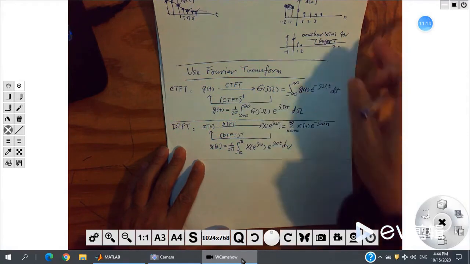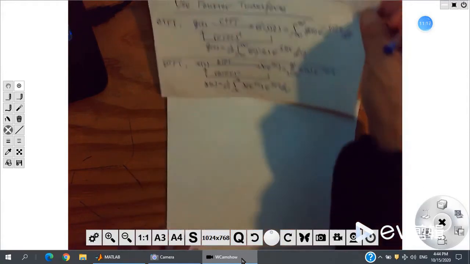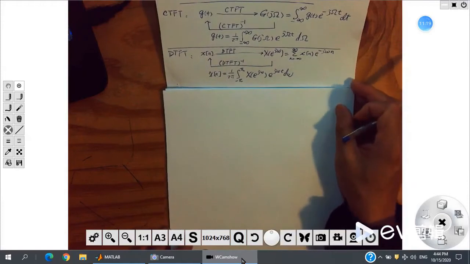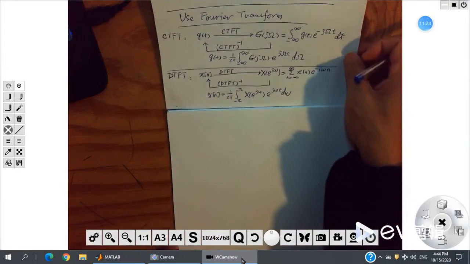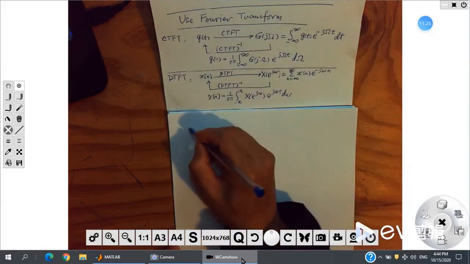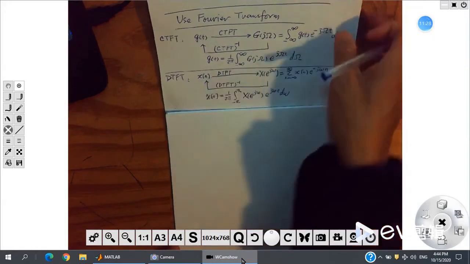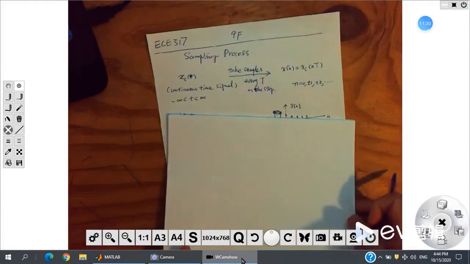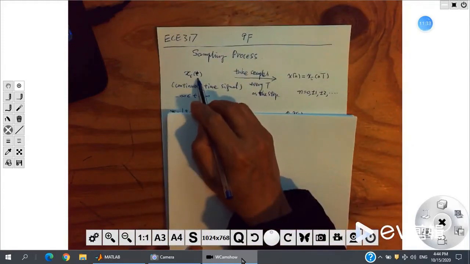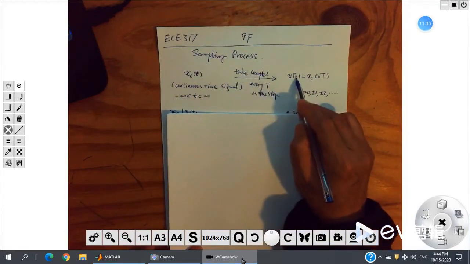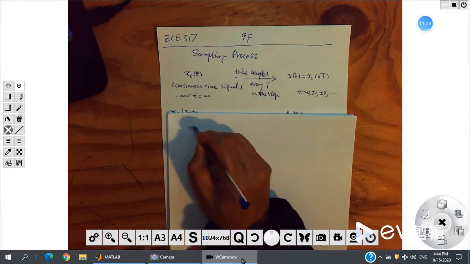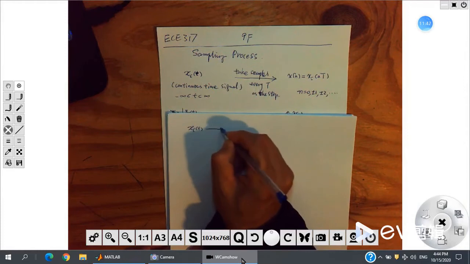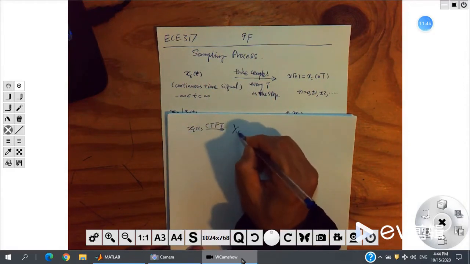All right. Now we try to apply this, and by some math we have the following result. Here we have two signals. One is xc of t. We perform the CTFT on xc of t, and we have capital XC of j omega.